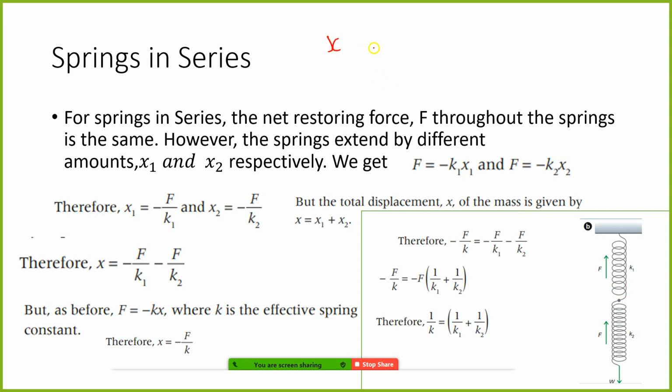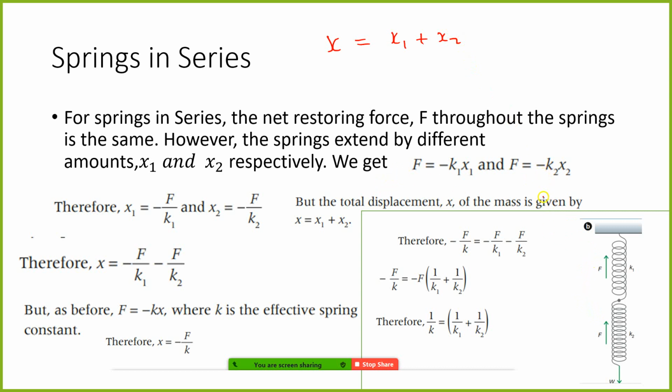We can call it total displacement x, and that x is going to equal pretty much x1, which is the extension for spring 1, plus x2, which is the extension for spring 2. So that is when they're in series.